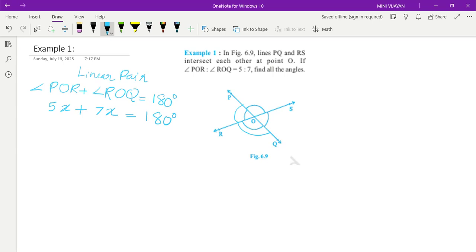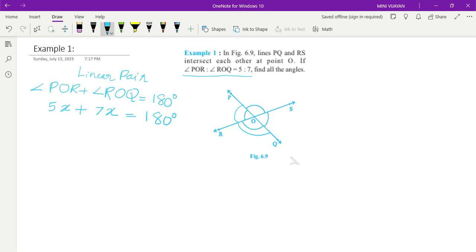So from the figure, we can say that POR and ROQ form a linear pair, and the sum of these two angles will be 180. So angle POR plus angle ROQ equals 180. And from the condition given in the question, angle POR is to angle ROQ equals 5 is to 7.